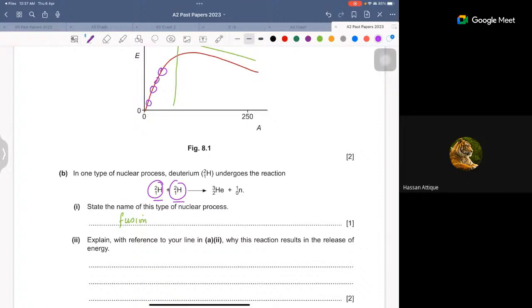Then when they go to a higher value, hydrogen is near to this value, deuterium would be a bit higher, and then it's going to helium, which is even higher. So now there will be a difference in stability, because there's a difference in energy that has to be released. So we're going to write that.